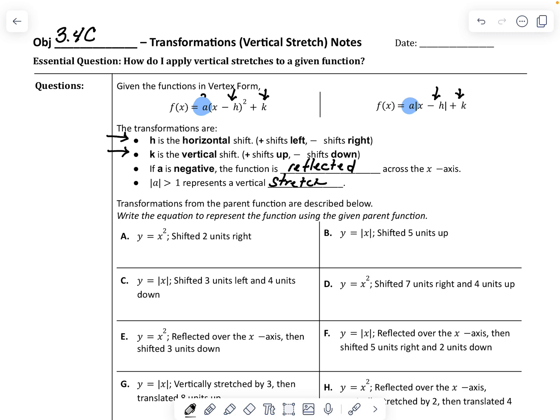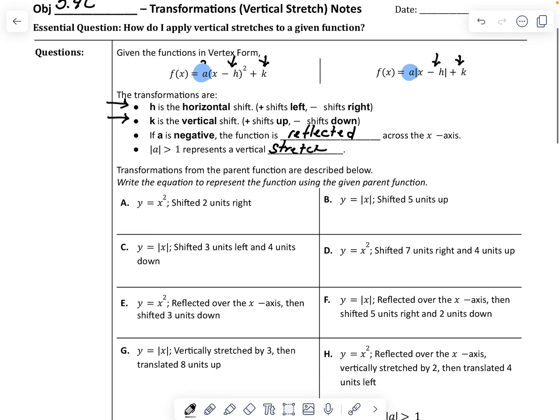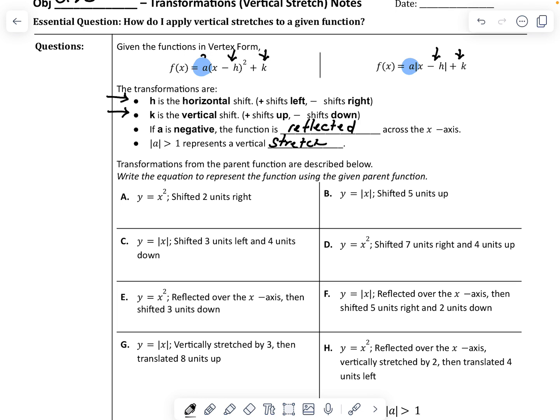Transformations from the parent function are described below. So let's write the equation. So y equals x squared, so we're starting with a quadratic, shifted 2 units right. How would we do that? Let's do f of x equals, all right.